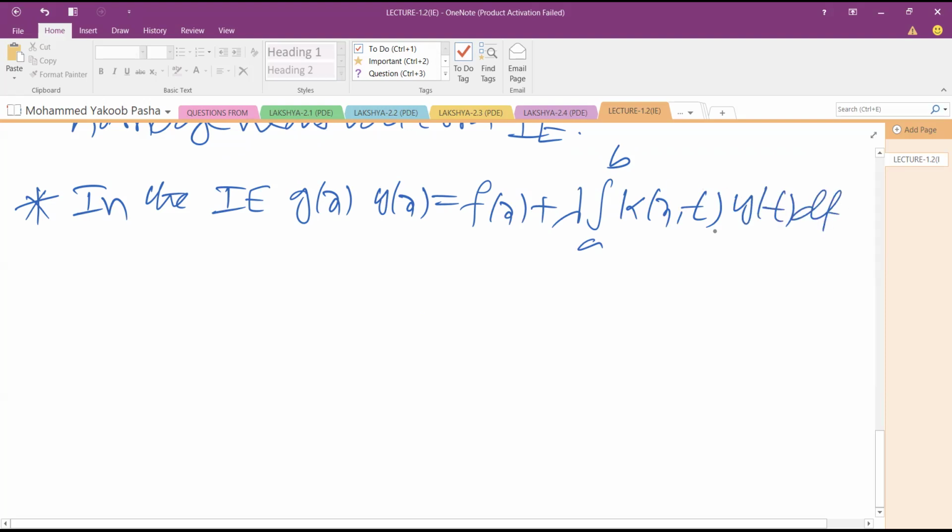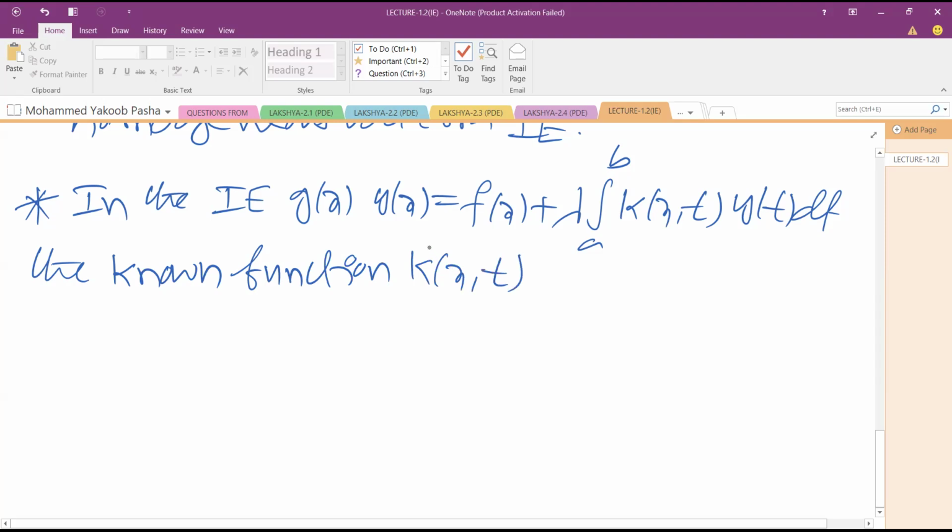In the integral equation, k(x, t) is a known function. The known function k(x, t) is called the kernel of the integral equation.